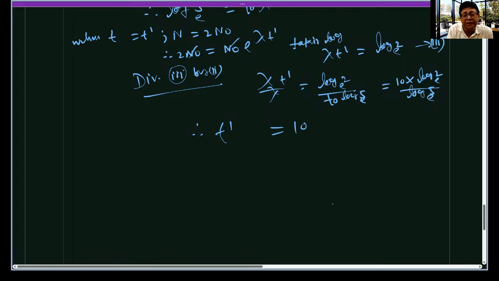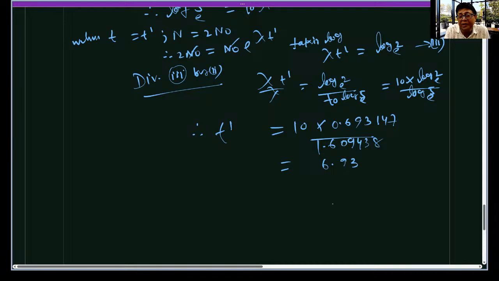t' will be 10 into log 2 base e, 0.6931, I found it in the previous sum, and in this sum log 5 base e. You can go through the table where the exponential base is given. 5 base e is coming 1.609438.